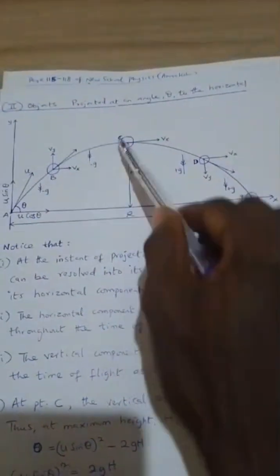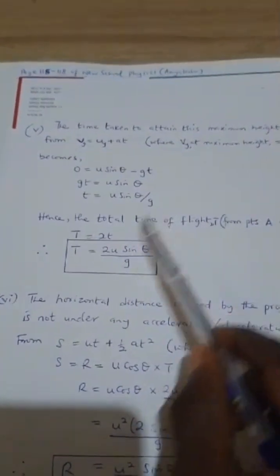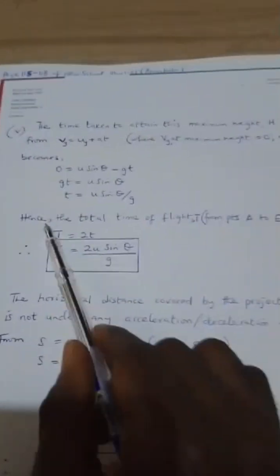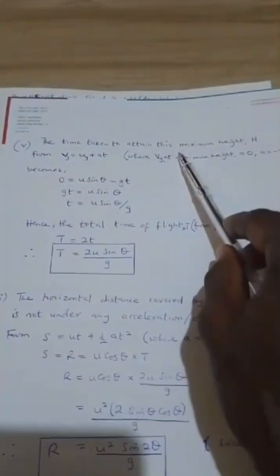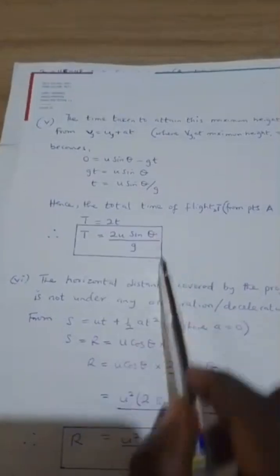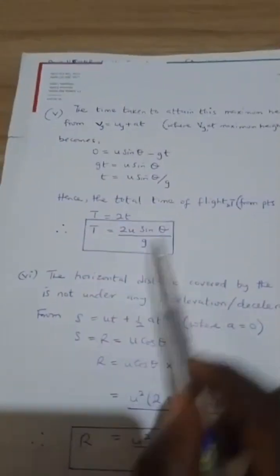So t plus t is 2t. We calculated t to be u sine theta over g. The total time of flight, from point A to E, the whole movement, from point A to C is t, from point C to E is another t, so t plus t is 2t. So 2 times this expression will give you the total time of flight, which is 2u sine theta over g.